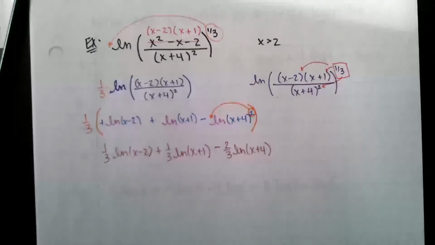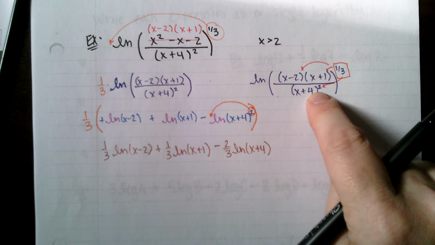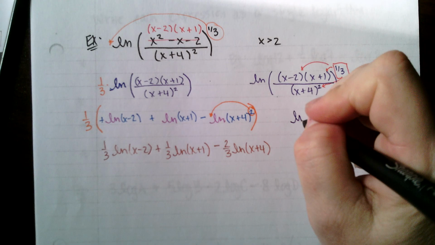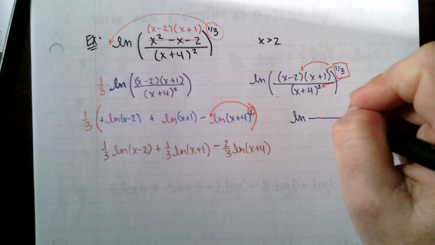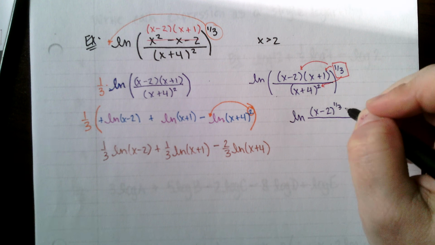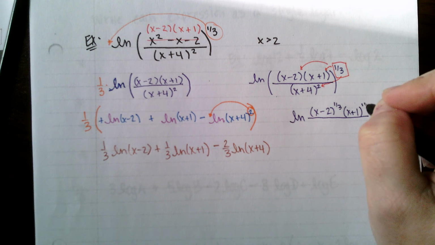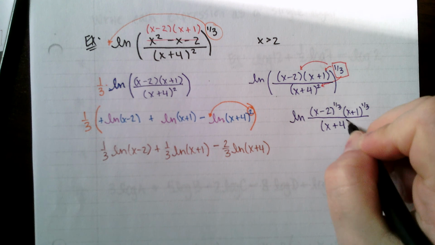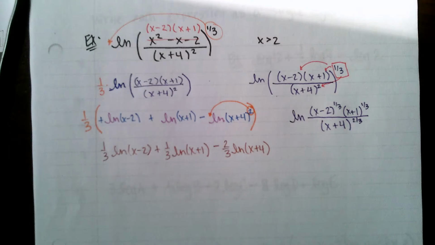Now remember, in that denominator, when you raise a power up to a power, you multiply their exponents. So this then gets rewritten as the natural log of x minus 2 to the 1/3 times x plus 1 to the 1/3. And in the denominator, I'll have x plus 4 to the 2/3.